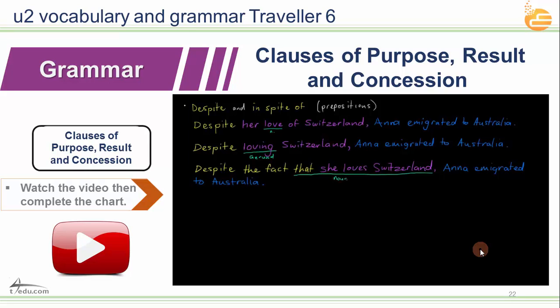So this is basically a noun as well. A noun clause is when you have "that" followed by subject and verb. So that's essentially a noun. So noun, noun, and noun, even though they are in different forms. The point being, after despite, you want to have a noun. And that goes for in spite of as well.